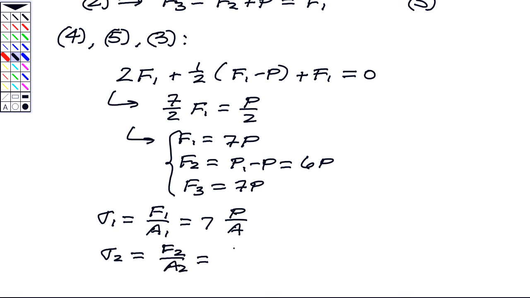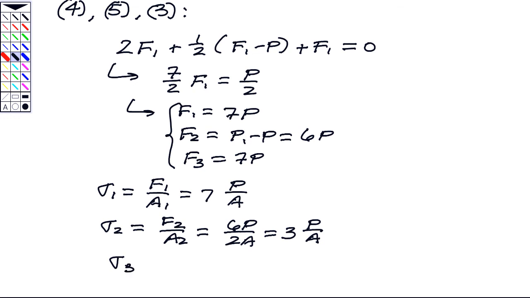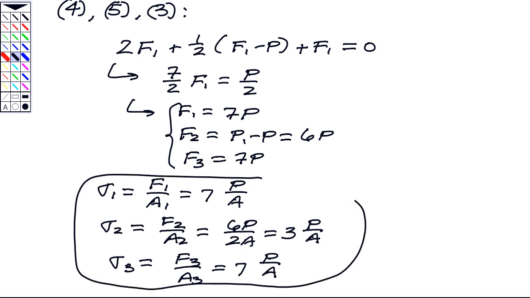That will be 6P divided by 2A, so that ends up being 3P over A. And the stress carried in segment 3 is F3 divided by cross-sectional area 3, so that gives us 7P over A. So these are the stresses that we had in segments 1, 2, and 3. Please note that these are all tensile.